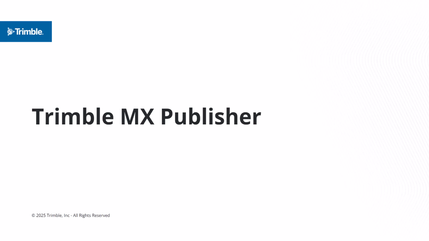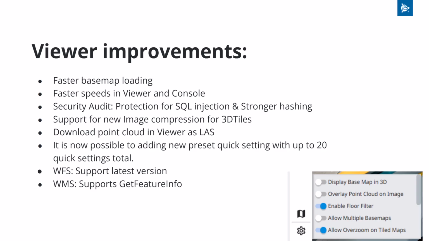Moving further with Trimble MX Publisher, let's start with viewer general improvements. Optimizations have been done to improve the user experience and boost performance, speeding up the console, the viewer, and even improving base map loading.